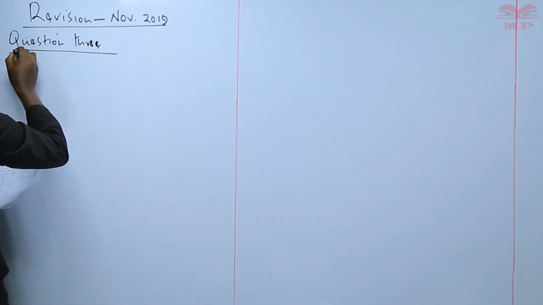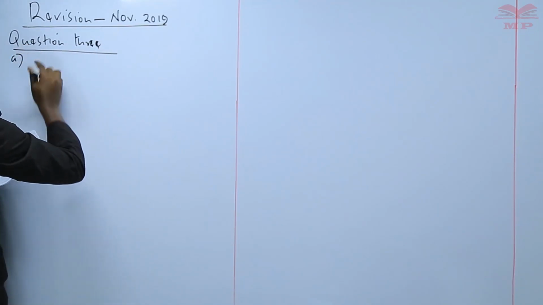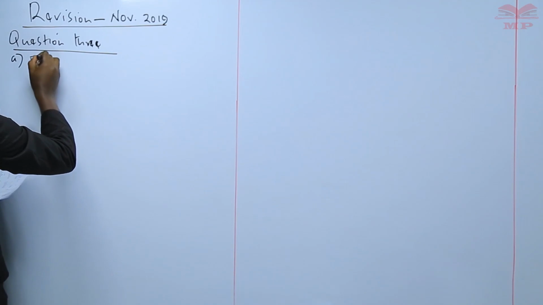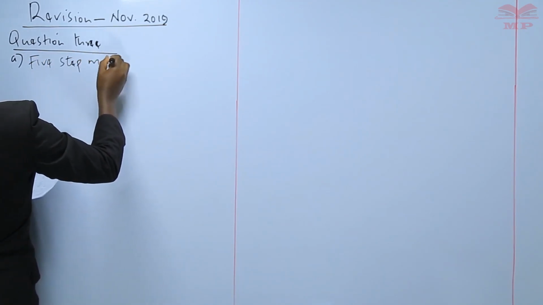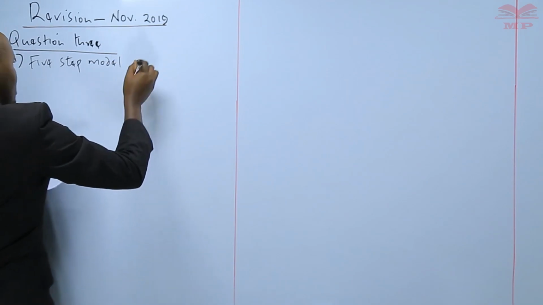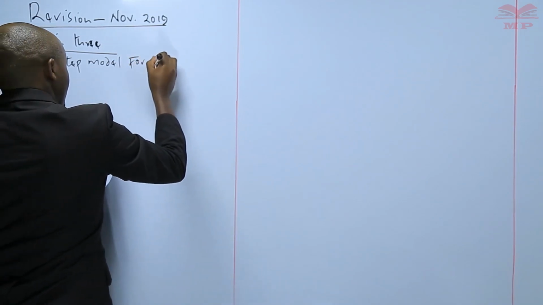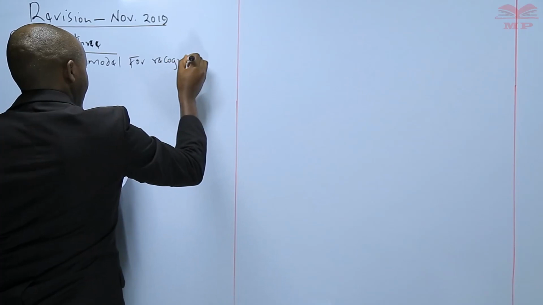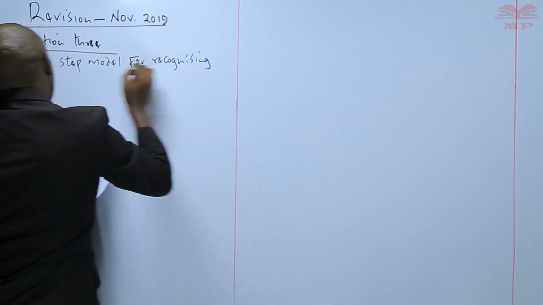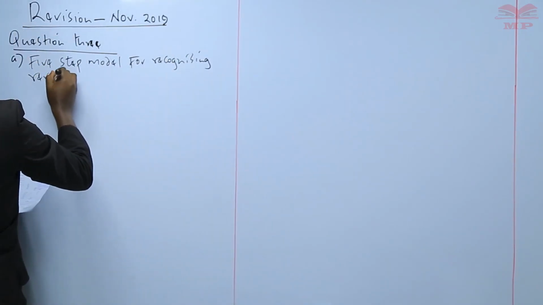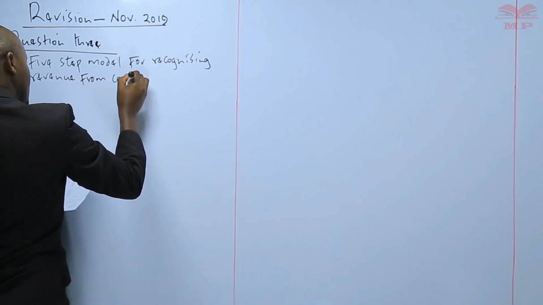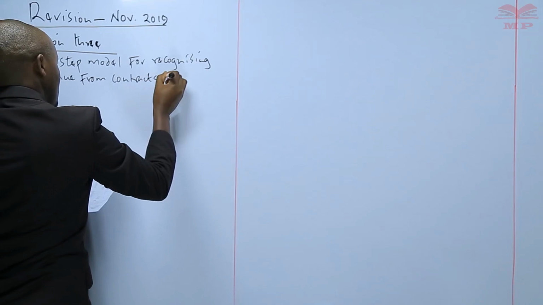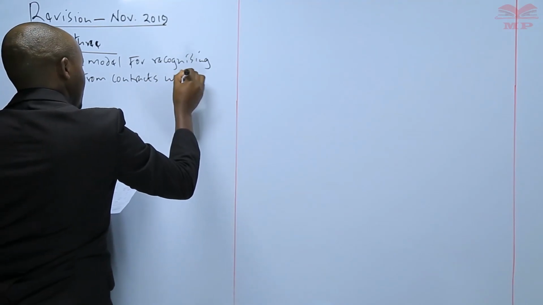So we start with part A. Part A, we are required to describe the five step model for recognizing revenue from a contract with customers.